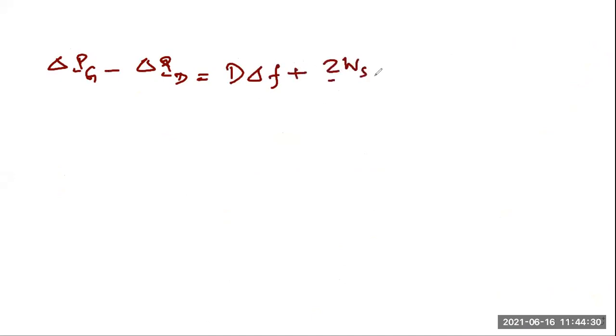So this is D into delta F plus 2 into Ws by Fs into d/dt of delta F. So if there is a change in generation minus change in load, this will be accounted in these two ways. These are the two factors.